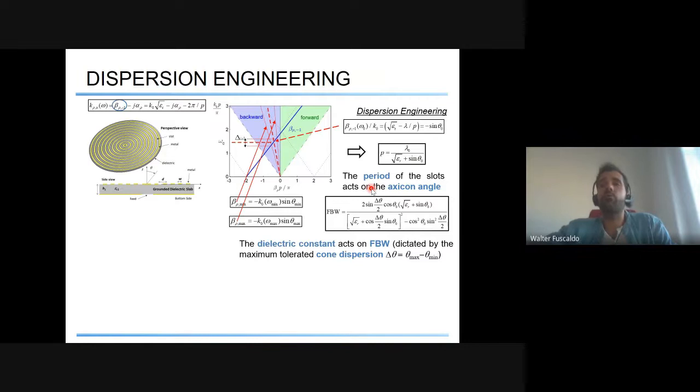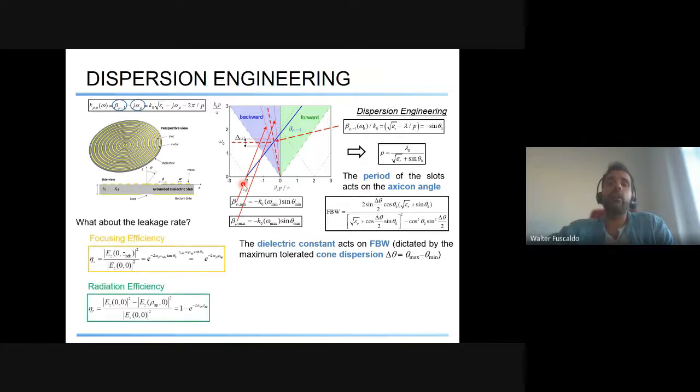Another thing that we can do to find the design equation for the structure is to determine the dielectric constant that is needed in order to have a low dispersion of the mode over a given frequency bandwidth.